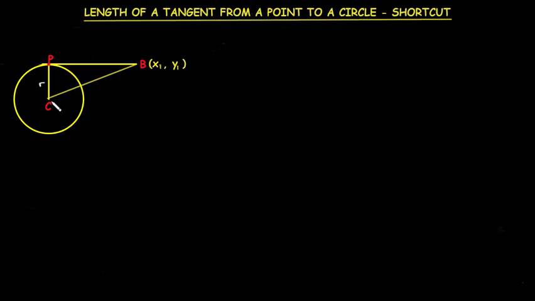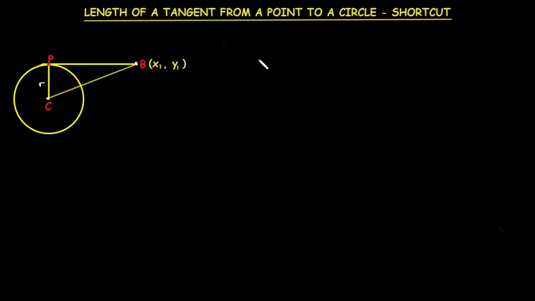Then you find the distance from the center to the point B, and by Pythagoras theorem you can find the length PB. In this tutorial, I'm going to give you the simplest way to find the length PB without having to find the radius and the distance from C to B.